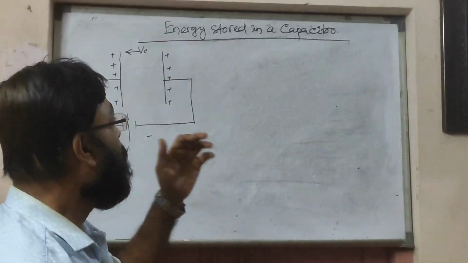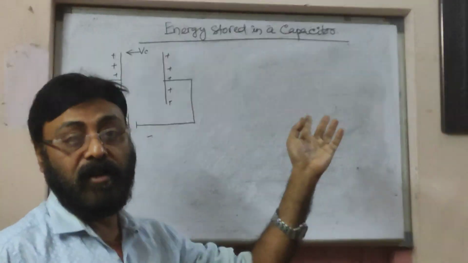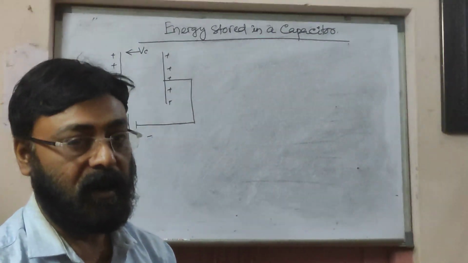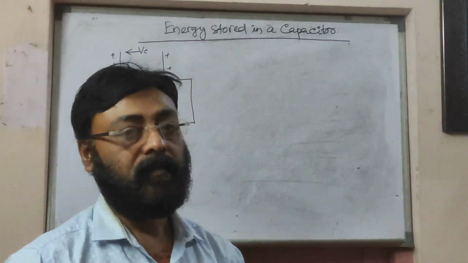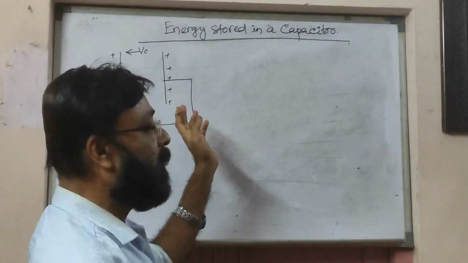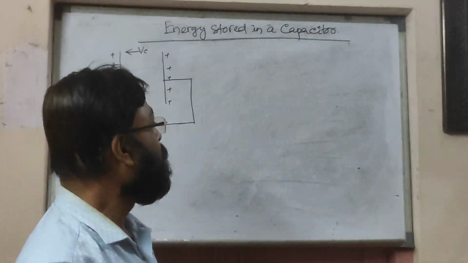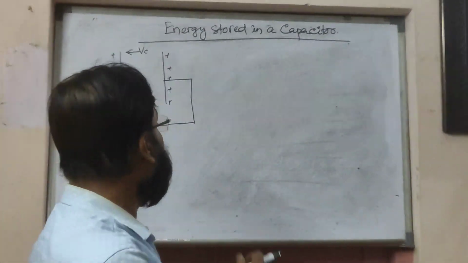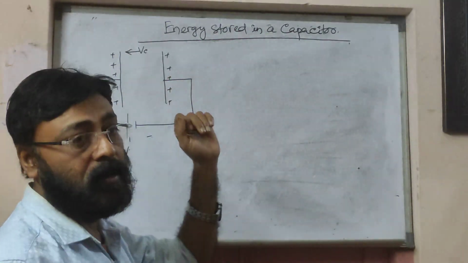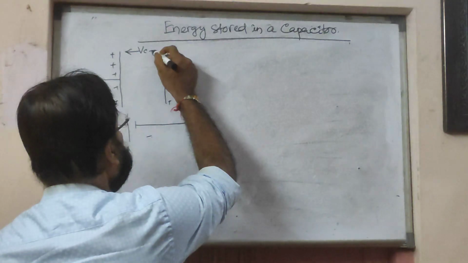Today we'll discuss the energy stored in a capacitor. The concept behind it is that the work done by the external agency is stored in the form of energy in the capacitor. At the start, there is no voltage across the capacitor.